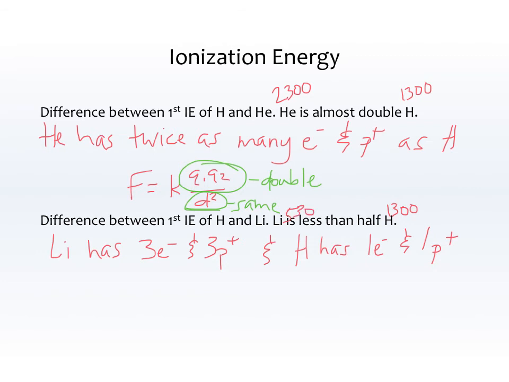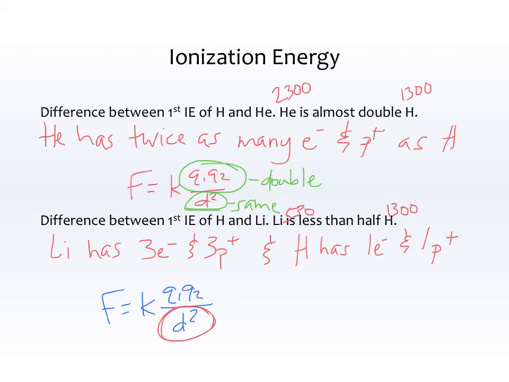And so that must mean that in that same Coulomb's law, even though Q1 and Q2 are much larger, the distance must also be much larger, and when we're dividing by a larger distance, that's going to end up with a lower force, which tells me that the outermost electron that you're trying to remove for the first ionization energy in lithium must be much further from the nucleus than the outermost electron in hydrogen.